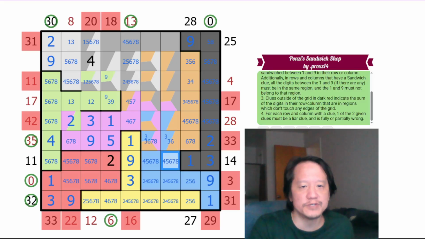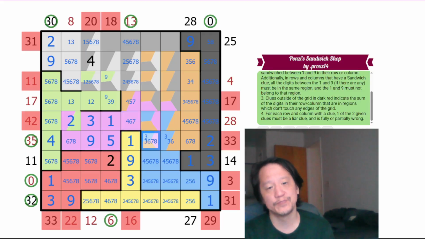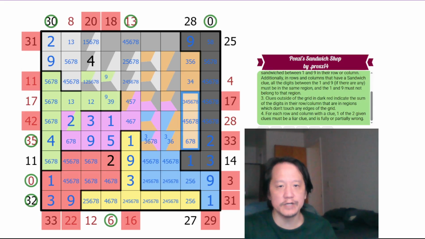So this can never be 7 or 8, but this could be if it's pink. So we have to have 7 or 8 be here. Guaranteed. For the orange.